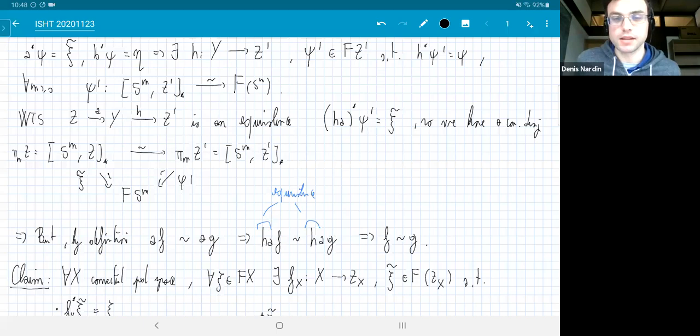But the idea is always you build this universal example and you use the axioms to show that you can reduce to the universal example somehow. You could try to look at Brown's original paper if it helps you, but the structure of the proof is basically the same.